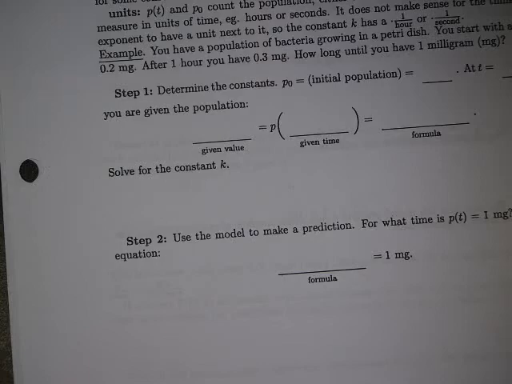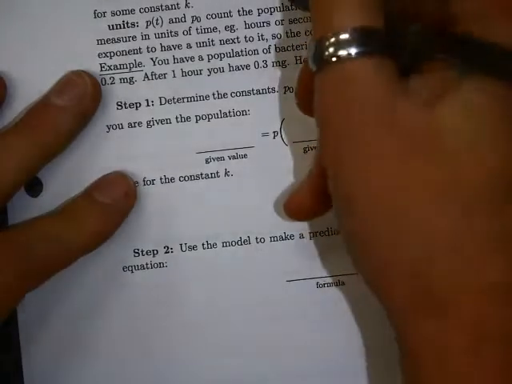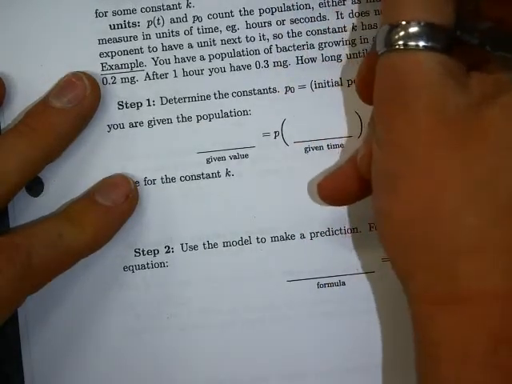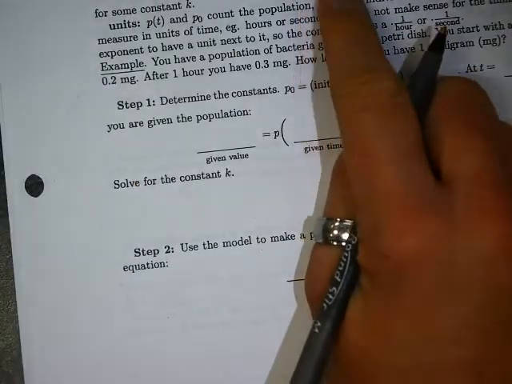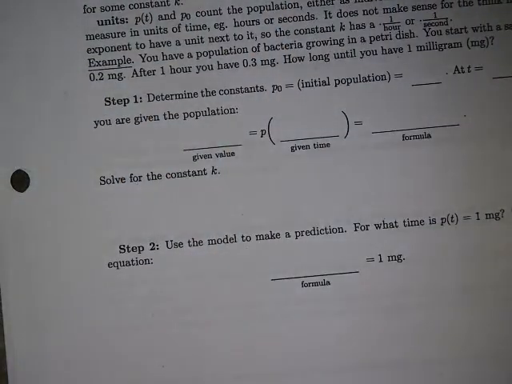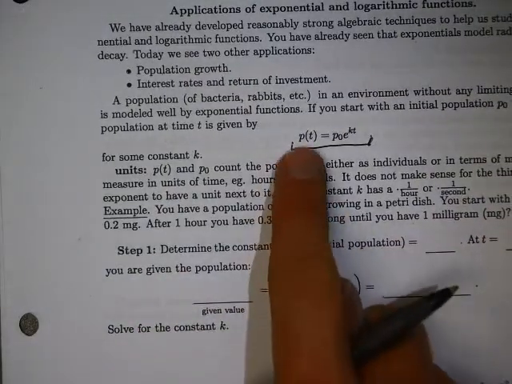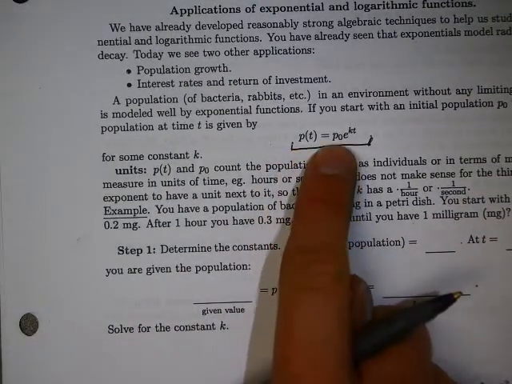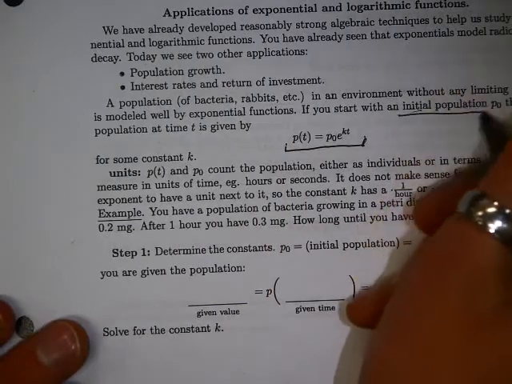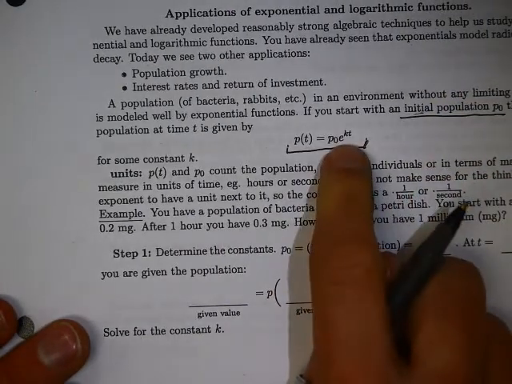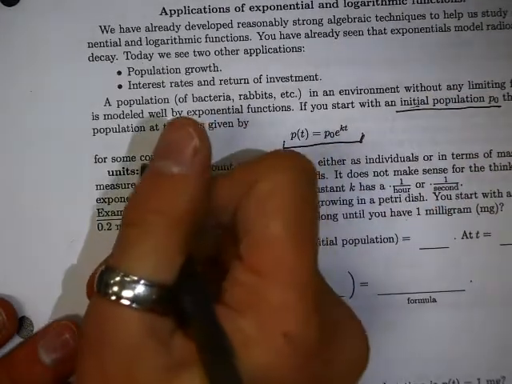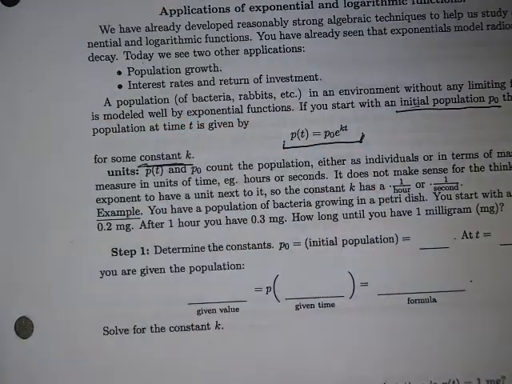So that means we should be able to model any population as a number times an exponential function. So any population should be modeled as initial population, P0, times e to the kt, where k is some constant.